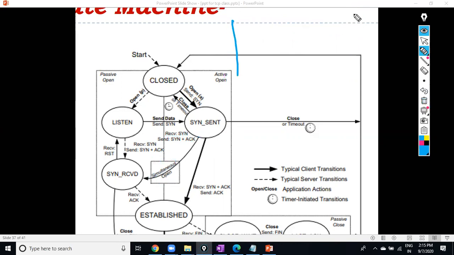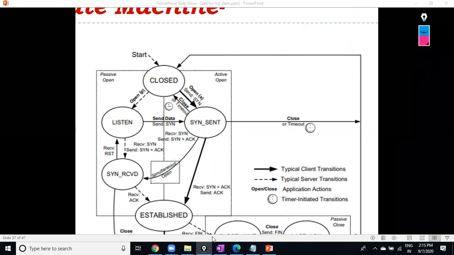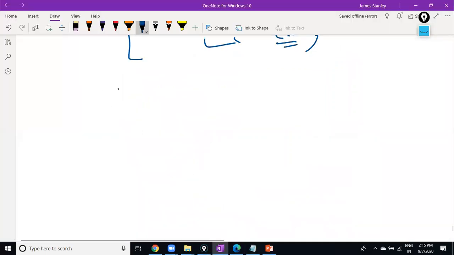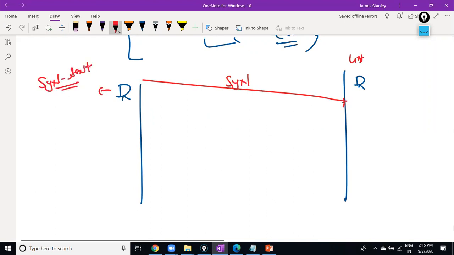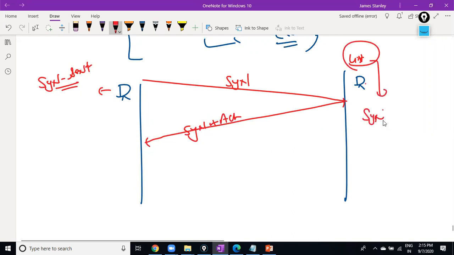If I go back to the previous example, this is PC1 and PC2. This is the listener, and this one sends SYN, so this state is known as SYN sent. The listener sends SYN plus ACK. Once it does, it converts from listen to SYN received.